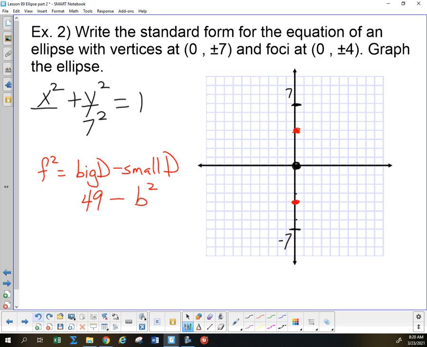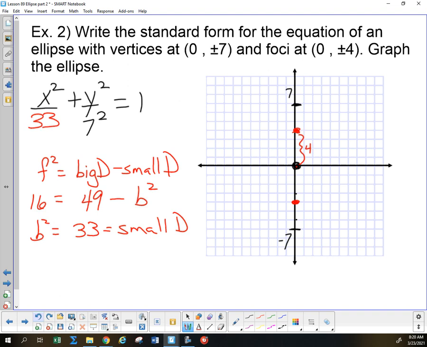The distance from the center to the foci is easy since the center is (0, 0), a little bit harder on some other problems later on. That distance is 4, so this has to be 16. That means b squared is 49 minus 16, or 33. So that has to be my small denominator.